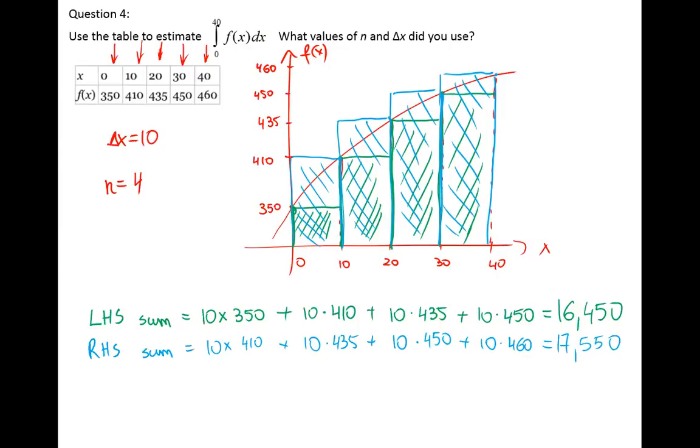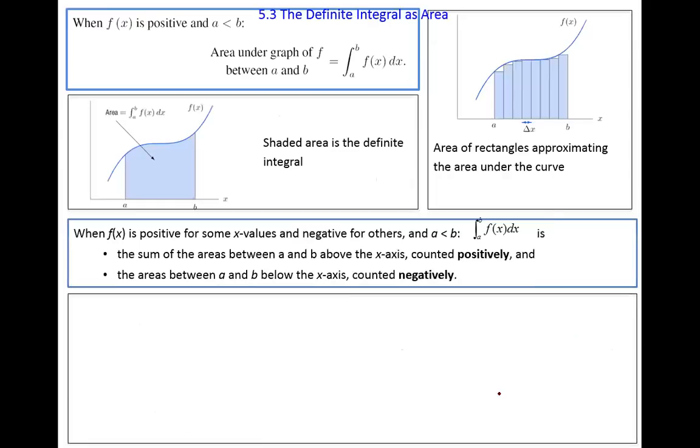And if we would like to really estimate our integral, the definite integral from 0 to 40 of the function f of x with respect to x, maybe that's too much, we can say approximation, I can possibly add them together and divide by 2. I can divide them by 2 because that's the only tool at the moment that I have, and it's exactly 17,000.